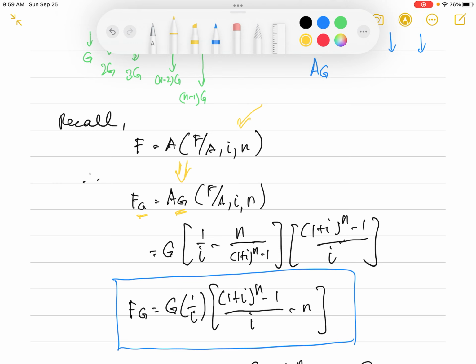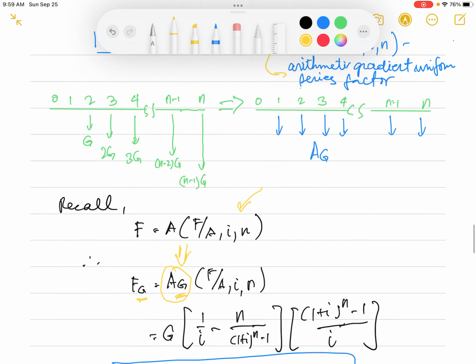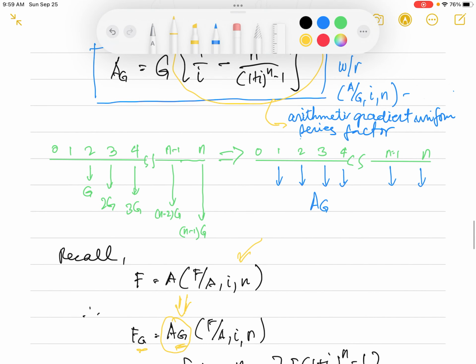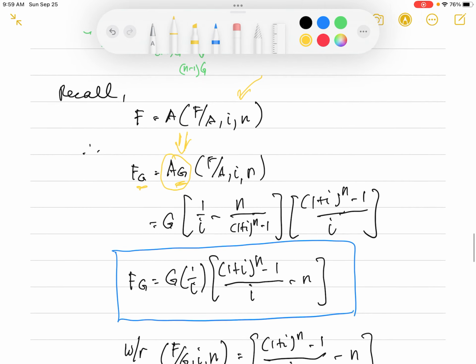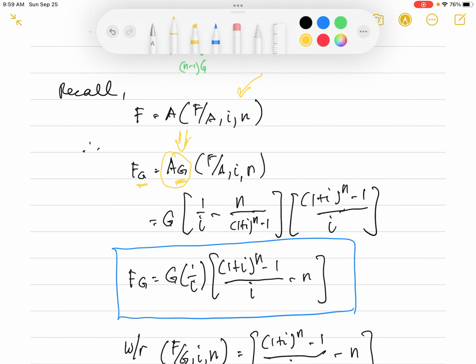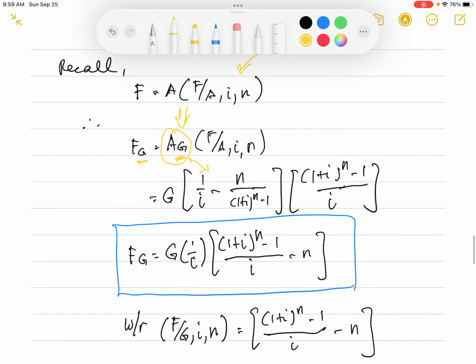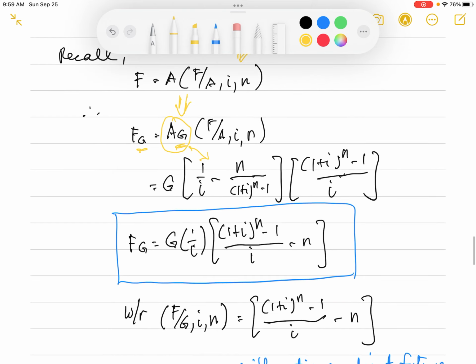So again, we recall that we already derived the formula for the annual worth amount for a gradient cash flow. So we just substitute the formula here, and you'll get this expression. Again, you can practice this on your own and see if you come up with the same formula here.